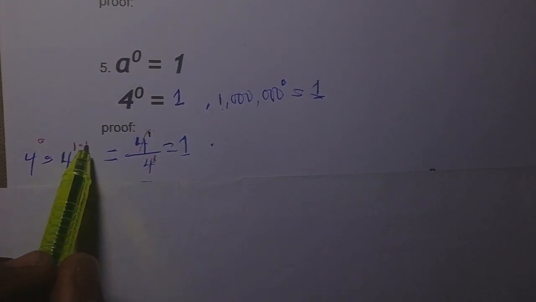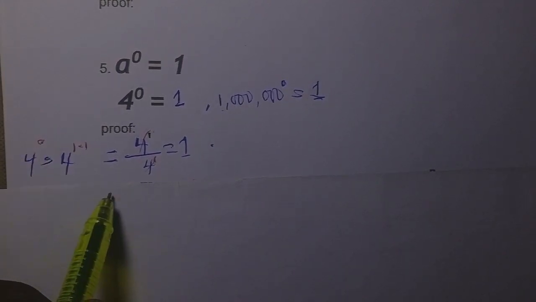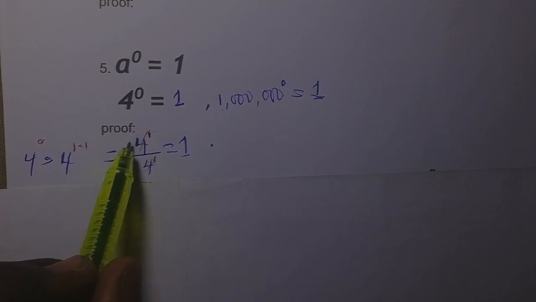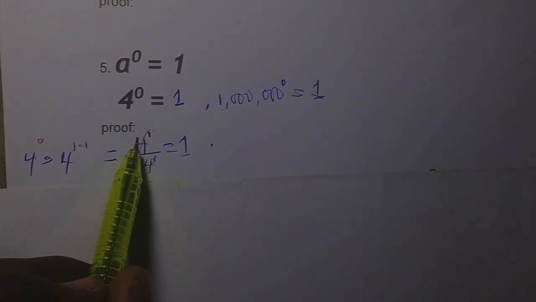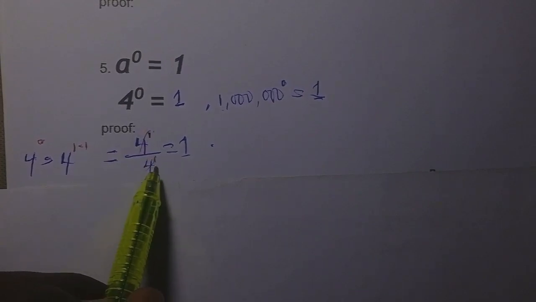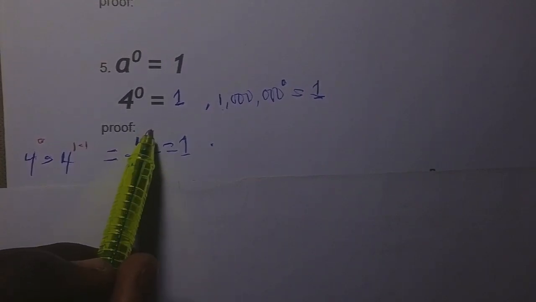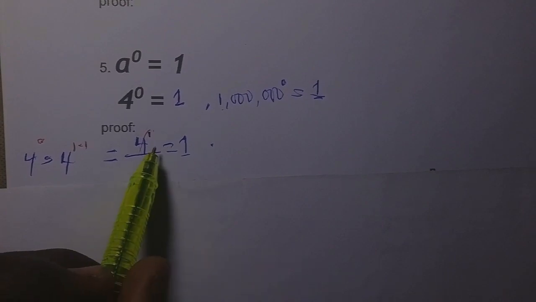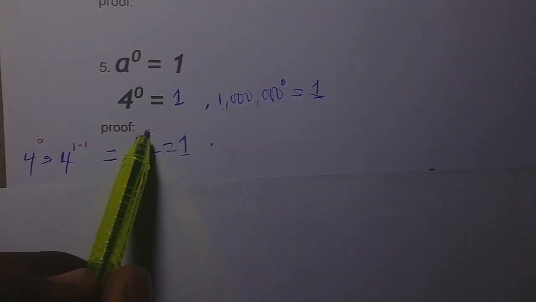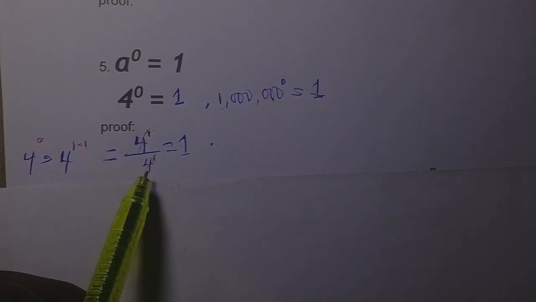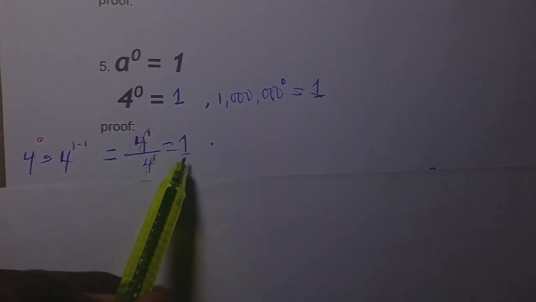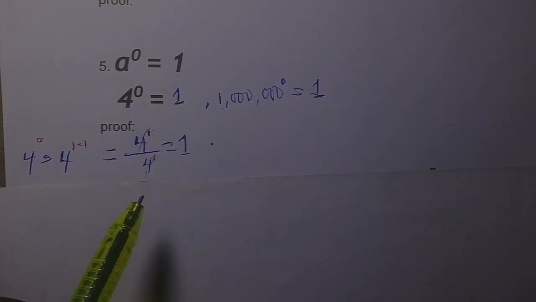So in this case, 1 minus 1, which is 4 power 0. So this is equal to this, and this is equal to this. And this 4 power 1 divided by 4 power 1 are similar terms. 4 power 1 at the top, 4 power 1 at the bottom. If you can remember, I said exactly similar terms at the top and at the bottom of a division will cancel out to 1. So that's how we get this one.